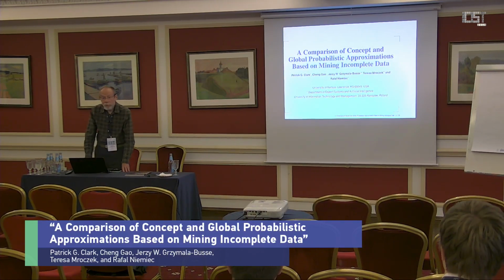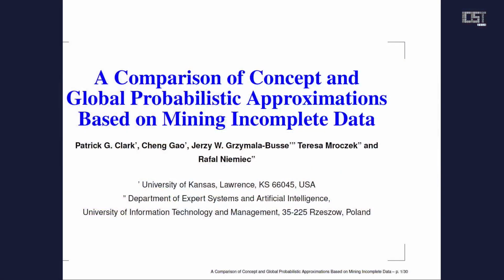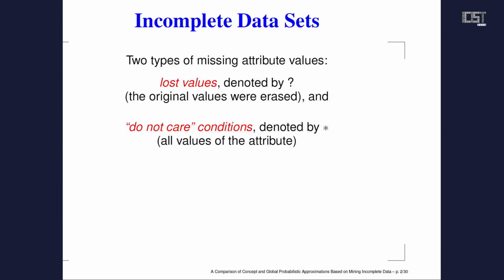So we will discuss mining of incomplete data sets using two different approaches, both based on rough set theory. Using rough set theory, we can use interpretation of missing attribute values.